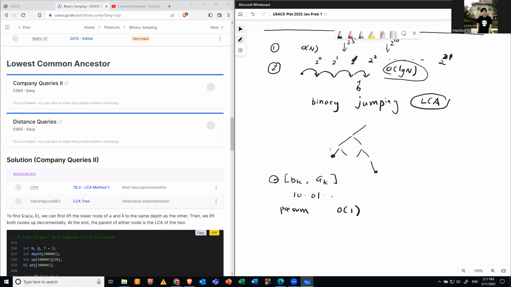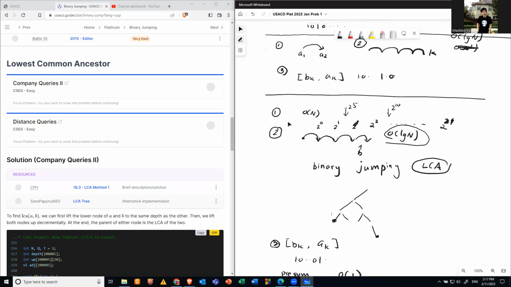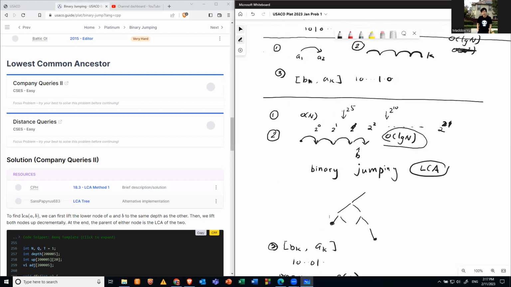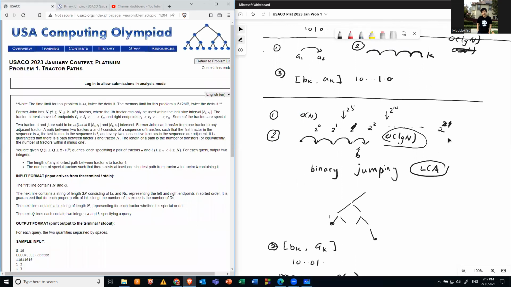So by doing those 3 steps, this is only done to figure out all those A's and all those B's, so that is a one-time cost. Then for each query, you do a log n.